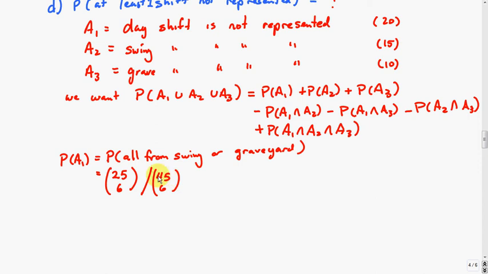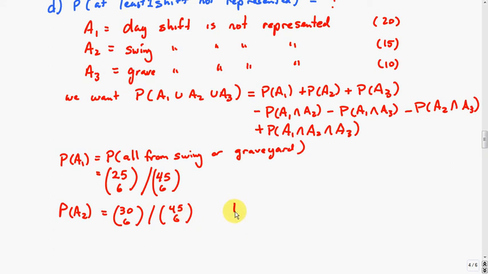We can use a similar idea for the probability of A2 and A3. Probability of A2, well, that would be nobody from the swing shift. So that's all day shift or graveyard. There's 30 of those people, so that would be 30 choose 6 over 45 choose 6.